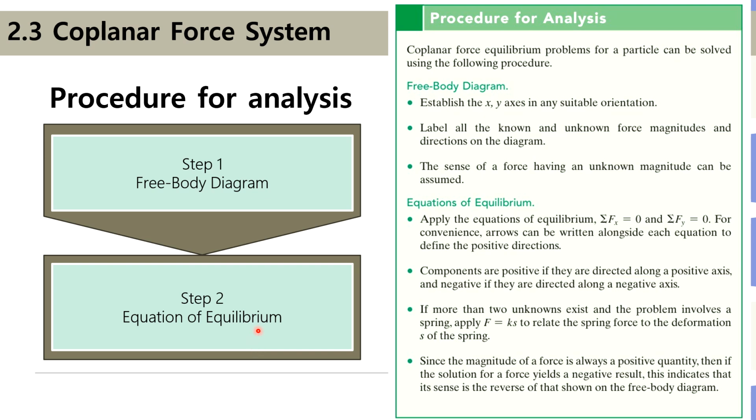Step 2, apply the equations of equilibrium: the summation of forces along the x direction equals 0, and the summation of forces along the y direction equals 0. Components are positive if they point along a positive axis, and negative if they point along a negative axis. So that's for the coplanar force system, the 2D system.